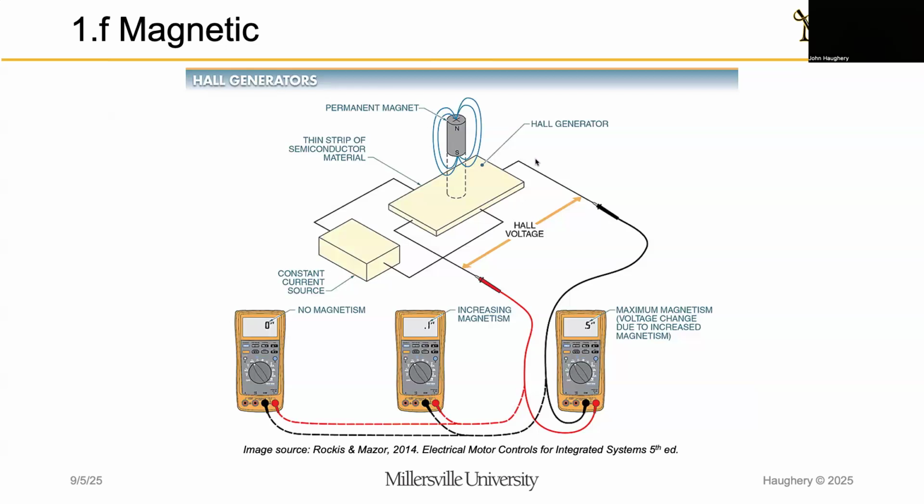Called the Hall effect. As I bring a magnet within a certain proximity of that substrate, I will get a change in voltage. Okay. And if the magnetic field is strong enough or the magnet is close enough to the Hall effect sensor, then I will see a high enough voltage to say, hey, something is there. Something magnetic is close enough. I see that.